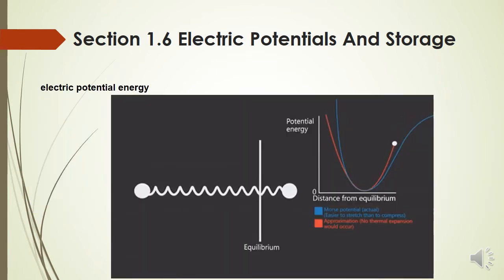Say for this figure in here, there's a spring. If you expand and compress the spring from its equilibrium line in here, the corresponding potential energy from this figure also increases. For example, if you compress that, the dot from this line here goes upward.